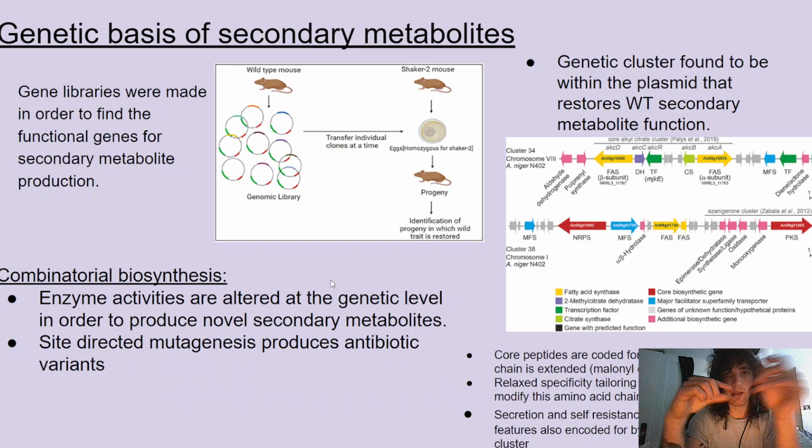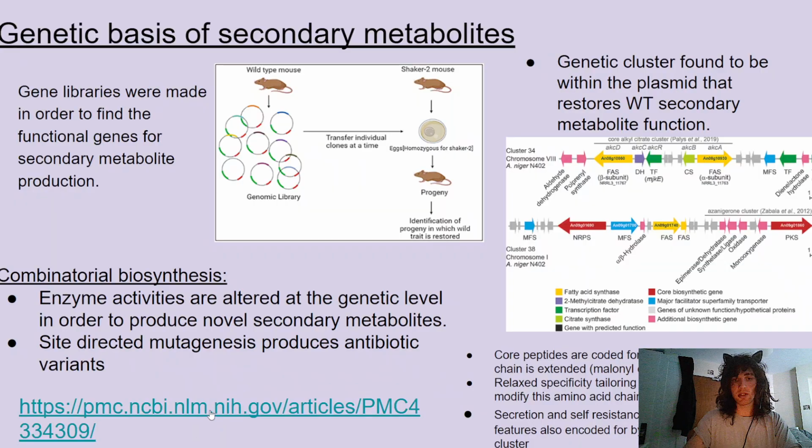So if you mix and match different tailoring enzymes, right, different tailoring enzyme sequences, you can do this because they have a relaxed specificity. They don't pick and choose which primary carbon chain you have to have in order to make a new antibiotic. And then I have this article here, which I'll link in the description, which goes over all of these different tailoring enzymes and stuff.